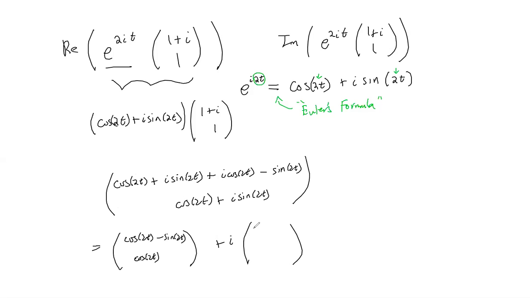And here we have sine of 2t plus cosine of 2t. And so here are the real and imaginary parts. Are there questions on that?